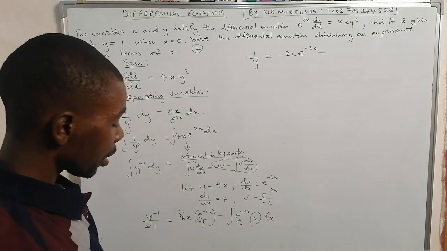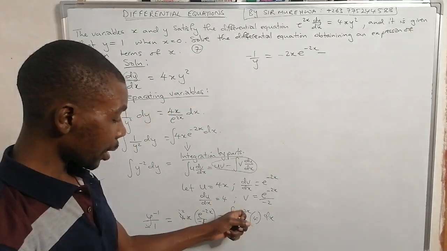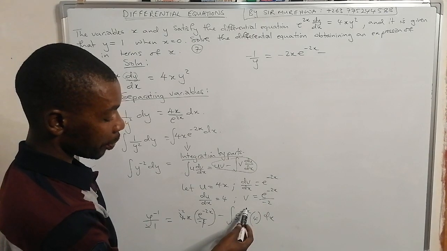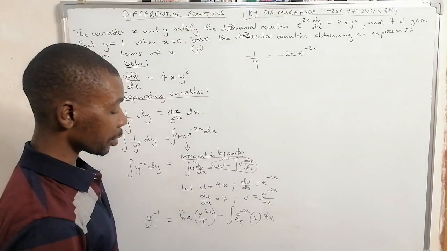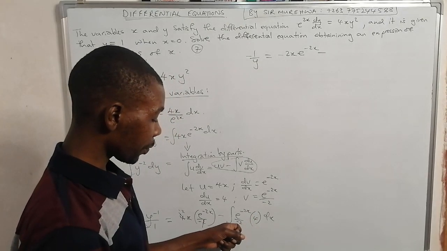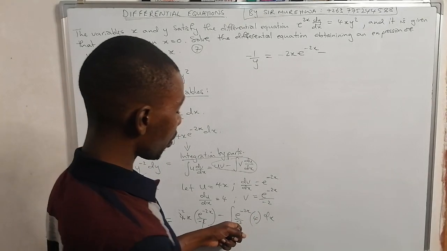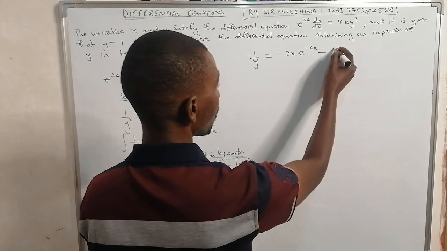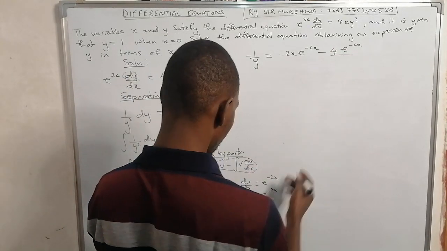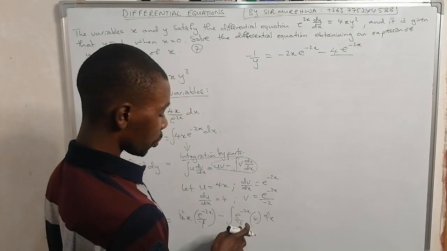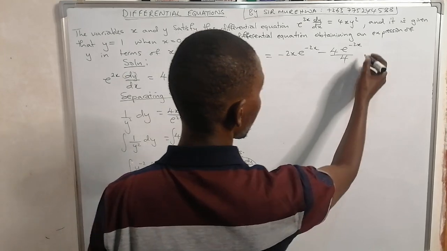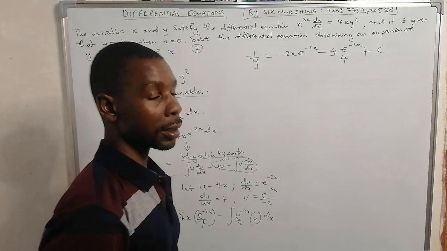Right, so we are going to integrate this item again. If we integrate this one, we divide by the derivative of the power. If we differentiate negative 2x, we divide by the derivative. So it will be e to the power minus 2x. So we have 4e to the power minus 2x all over negative 2 times negative 2, that will be 4, plus a constant of integration.